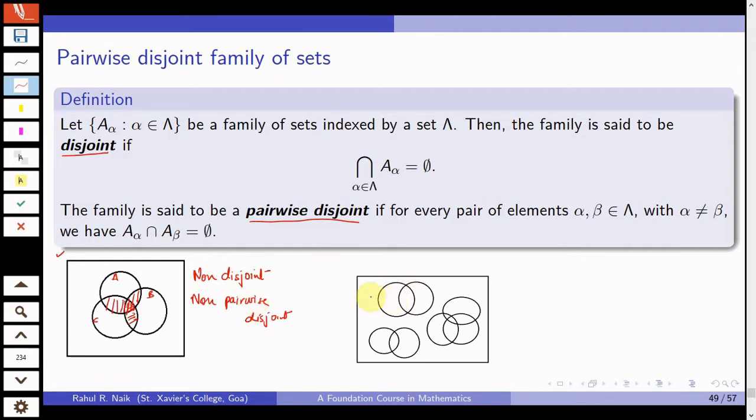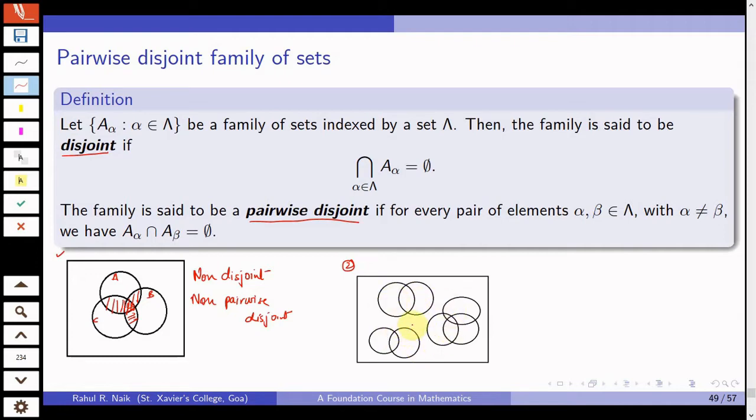Now if I come to this family of sets, example 2, if I consider this as a universal set and these circles denote subsets of this universal set, I want to check whether this is disjoint or pairwise disjoint. The first question I need to ask is whether these are disjoint, and it is trivially true because you can see that there is no common region between these sets.